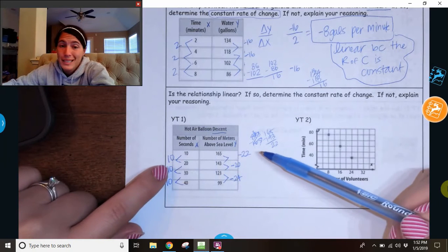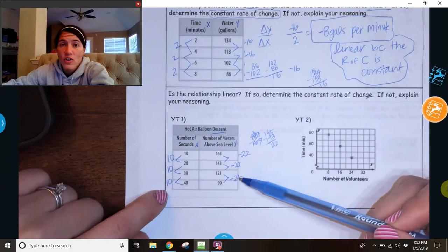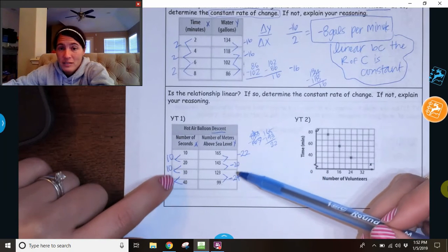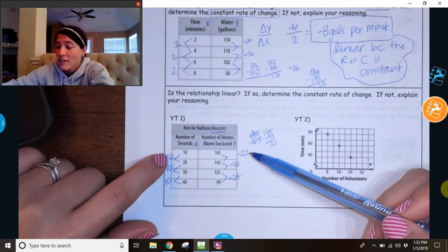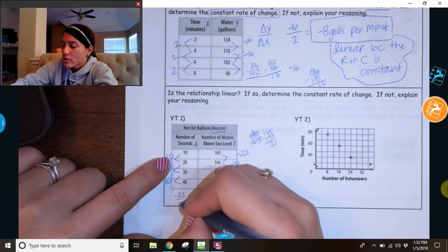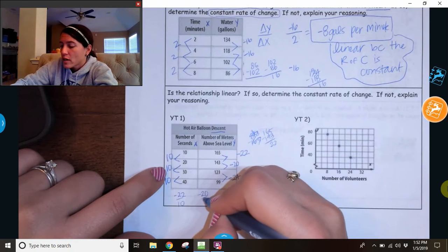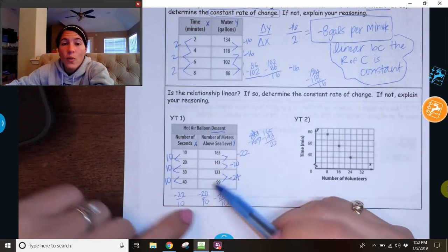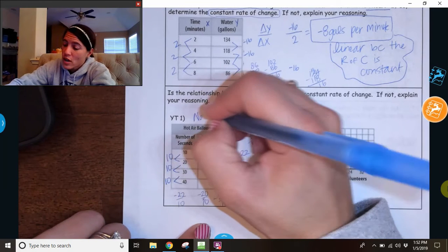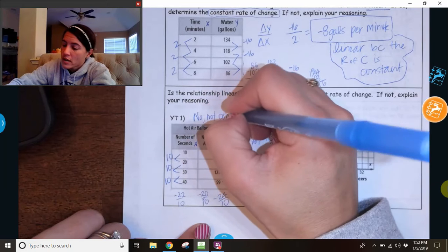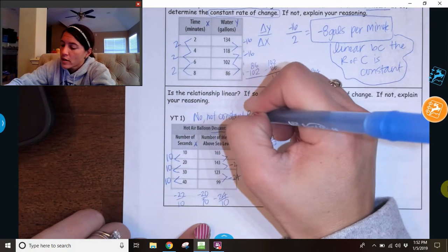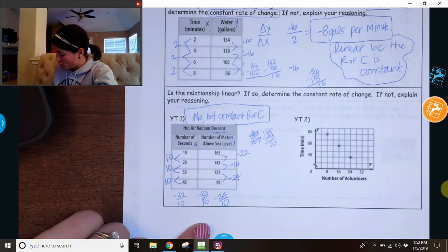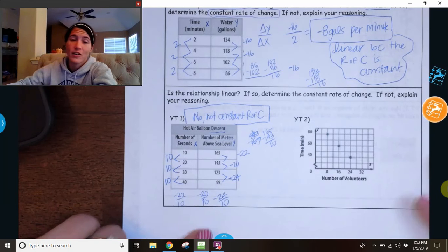So you should be able to see that these are not changing at a constant rate. They're changing, but not at a constant rate. I have negative 22 over 10, negative 20 over 10, and negative 24 over 10. So is this relationship linear? The answer is no. There's not a constant rate of change, so they are not linear.